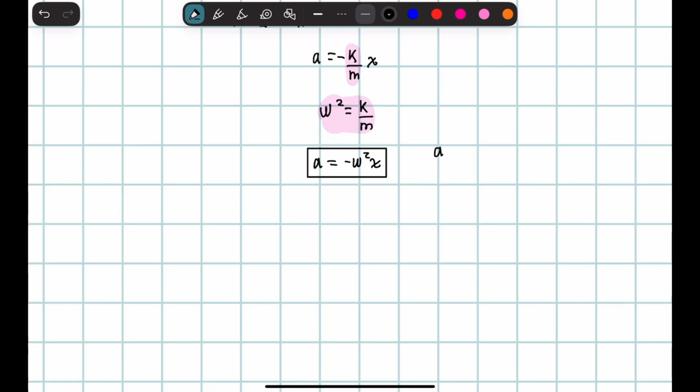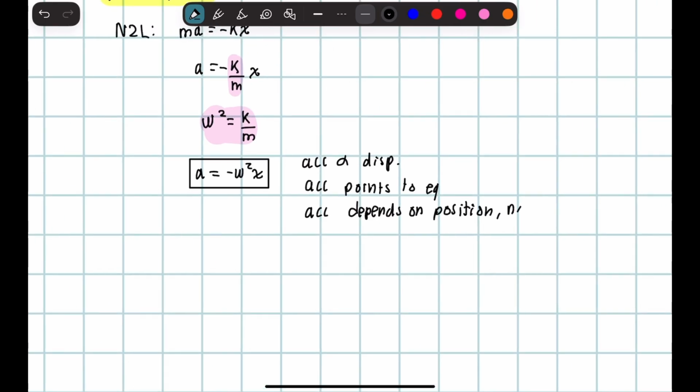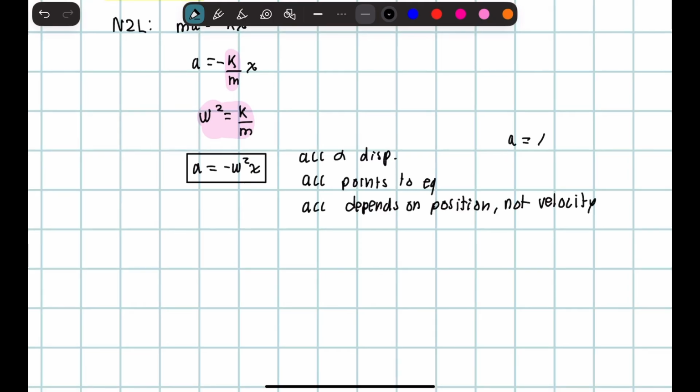So we can see that acceleration is proportional to the displacement. And we can also see that the acceleration points to equilibrium, and also the acceleration depends on the position, not velocity, as it did before, where we knew acceleration is the change of velocity over the change of time.